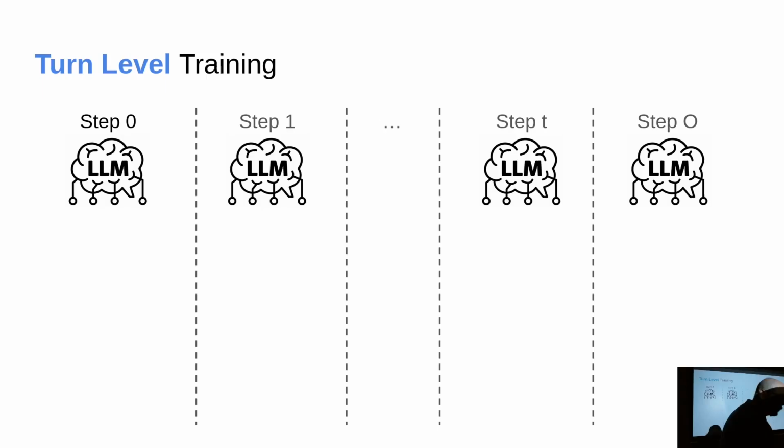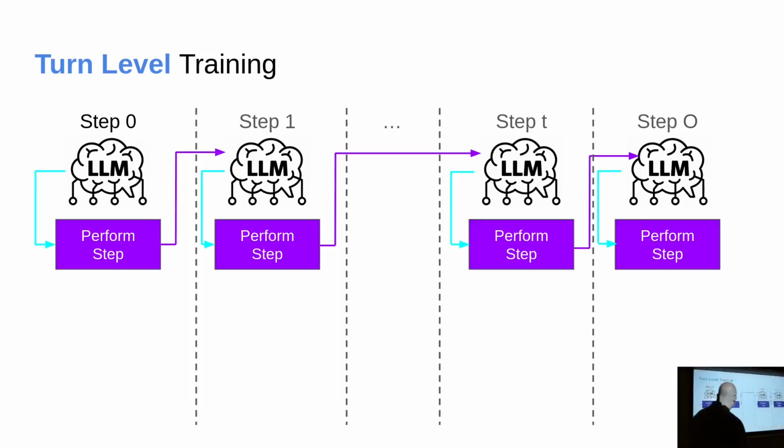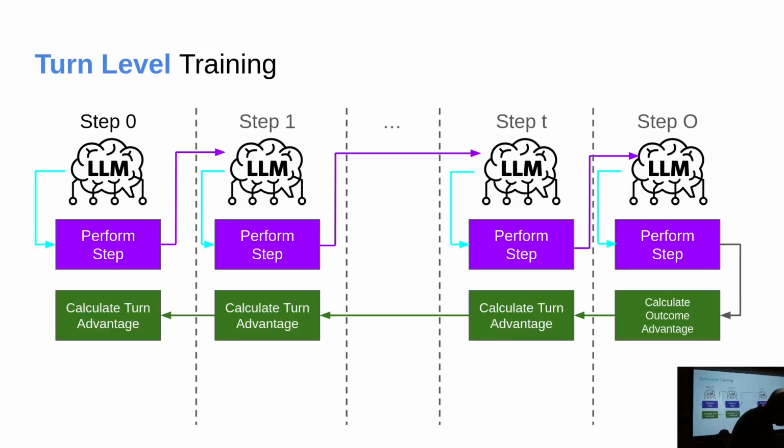So let's look at what turn-level training would look like. Same setup, Qwen 2.5 7B, same model throughout, same weights. Just as before, we execute the model exactly the same way. You have an input all the way to the output step. Nothing changed there. But we now calculate the outcome advantage, which we'll talk about how in a second.